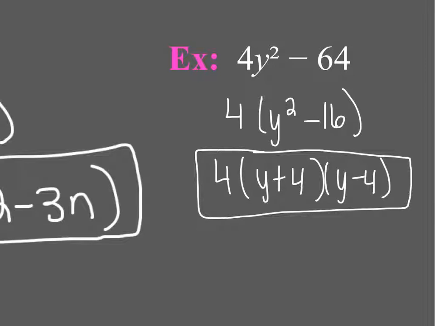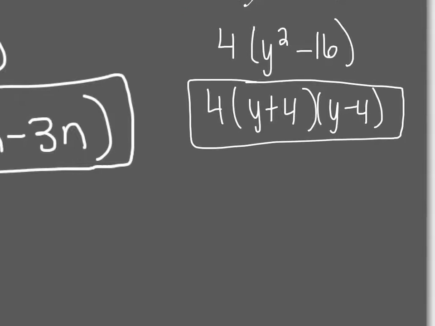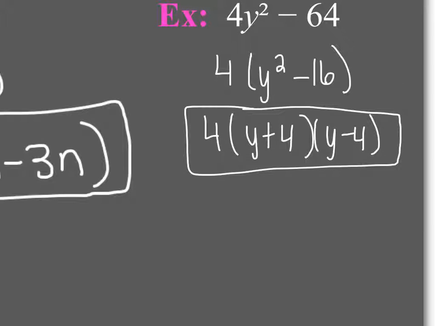Sometimes what happens is people look at this first and they say it's the difference of two squares, because 4 and 64 are perfect squares, which is true, so you can actually factor it into (2y plus 8) times (2y minus 8). Now the problem with that is it's not completely simplified, because 2 and 8 have a common factor of 2, which leaves you with y plus 4.